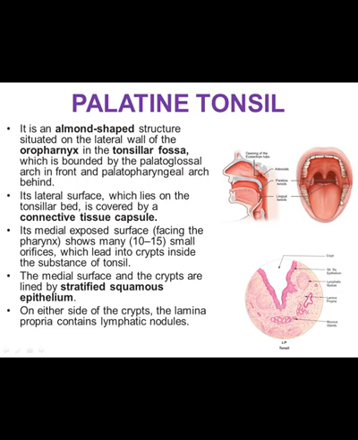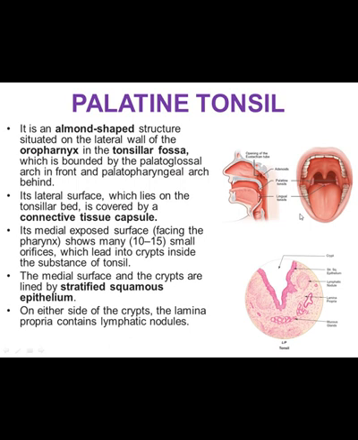Its lateral surface lies on the tonsillar bed and is covered by the connective tissue capsule. But its medial surface is exposed and facing the pharynx. This is medial surface.